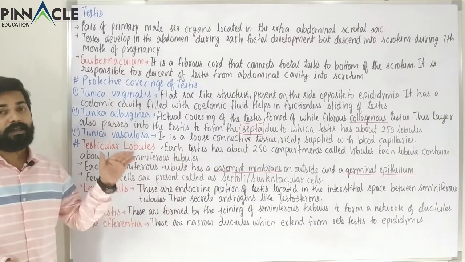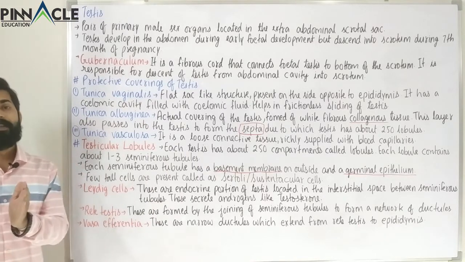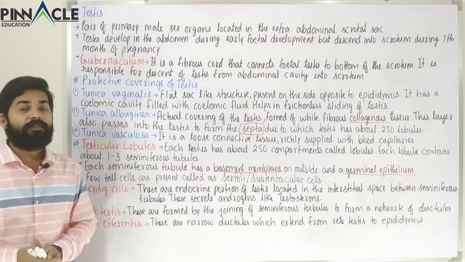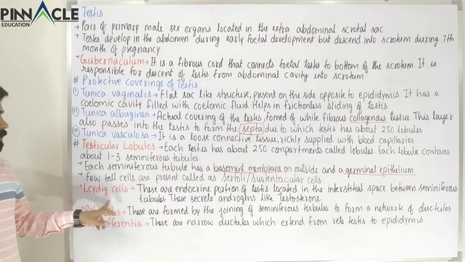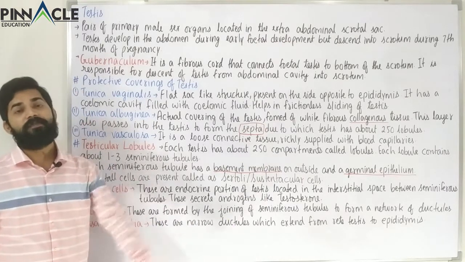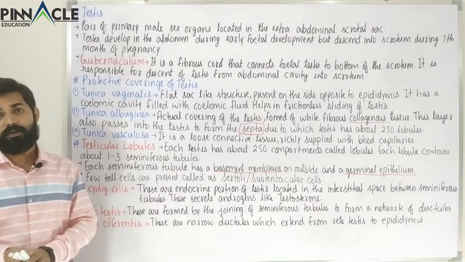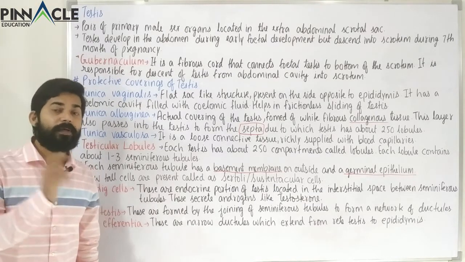Then we come to the other part of the testis, that is the rete testis, and beyond the rete testis we have something called the vasa efferentia. The rete testis is formed by the joining of the seminiferous tubules to form a network of ductules. Obviously the seminiferous tubules are not open at both ends.